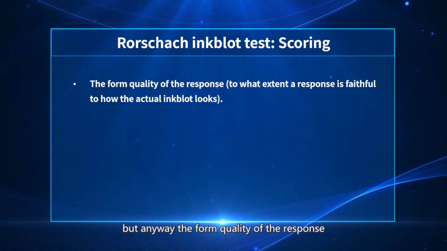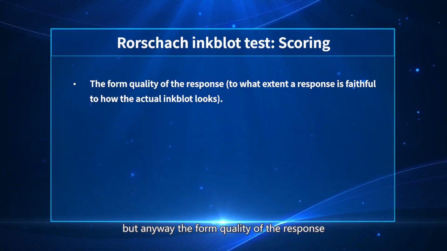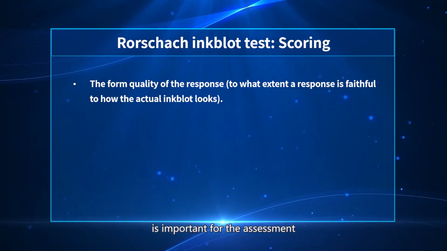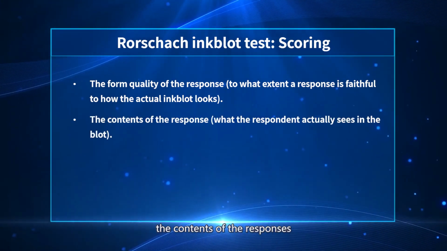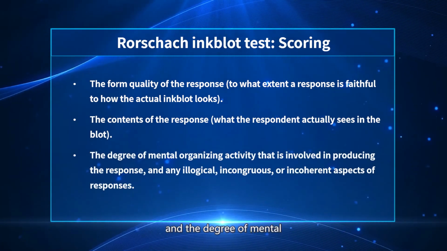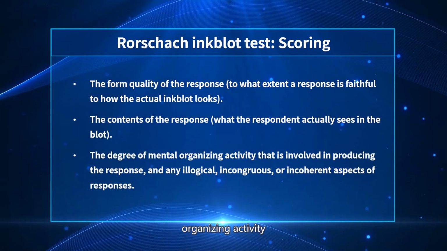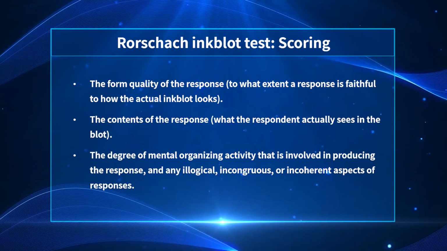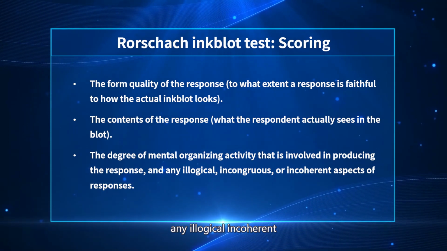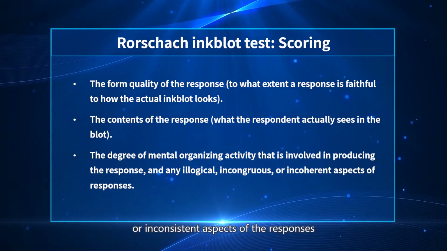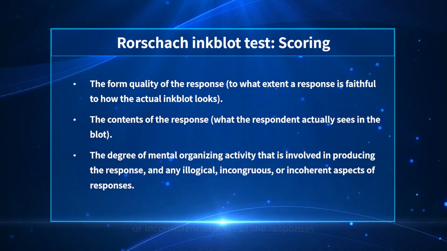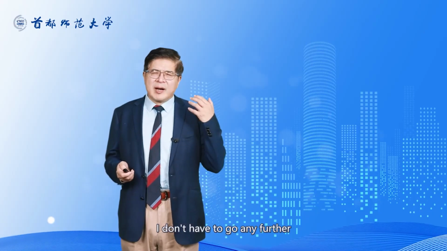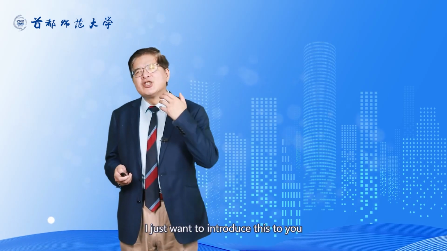But anyway, the form quality of the responses is important for the assessment, as are the content of the responses, the degree of mental organizing activity involved in producing them, and any illogical, incoherent, or inconsistent aspects of the responses. These are the points for scoring. I don't have to go any further. I just want to introduce this to you.